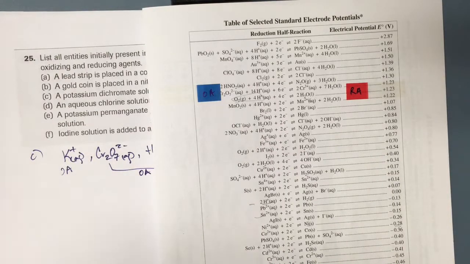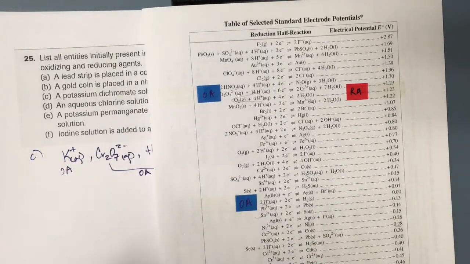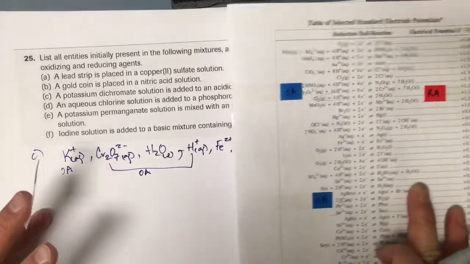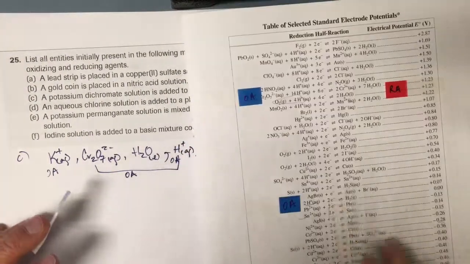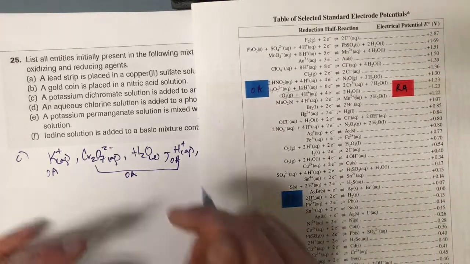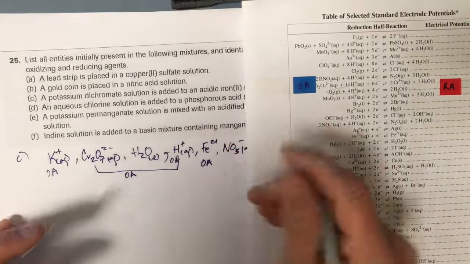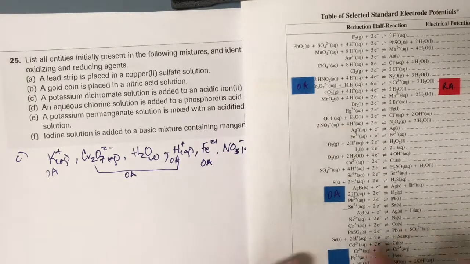My acid particles are also going to become hydrogen gas, so that's a common one. So my hydrogens are an oxidizing agent. Iron 2 is listed here, so it's an oxidizing agent, but it's further down than this, so it's not going to be my strongest.